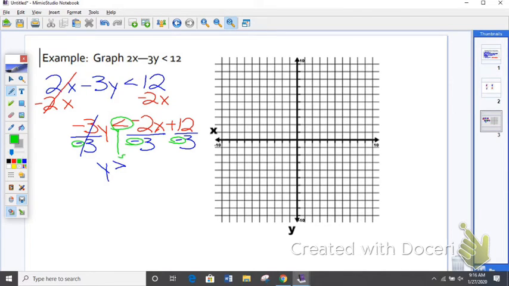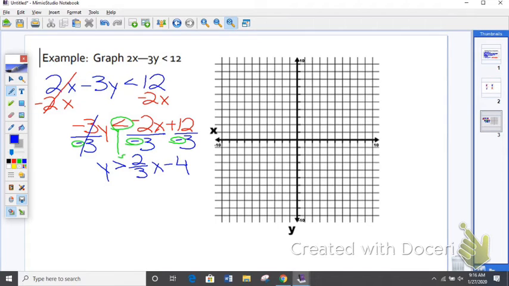Okay. So then when we finish this out, a negative 2 divided by a negative 3 is a positive 2/3 x. 12 divided by a negative 3 is negative 4. So I solved for y, step 1.